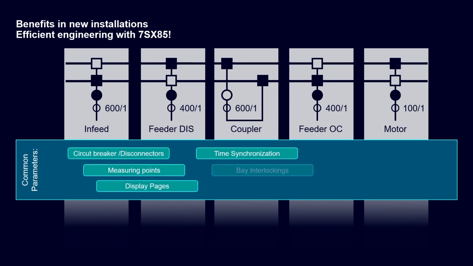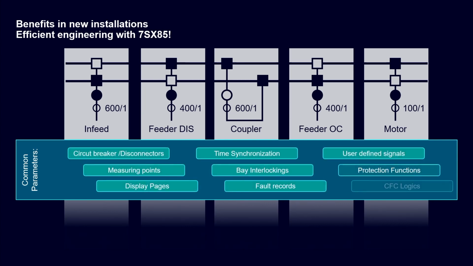You adapt the identical parameters. In this case, 4 of the 5 typicals have the same breaking devices, measuring points, display pages, time synchronization, generally used protection functions, and so on. So you deal with all these parameters only once.